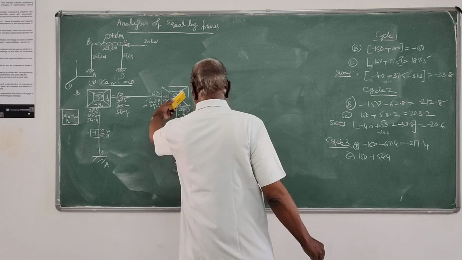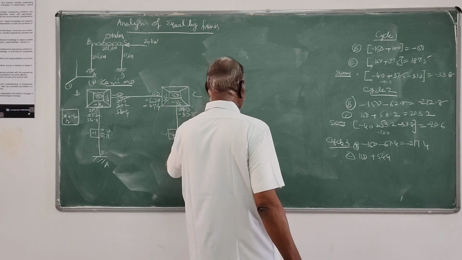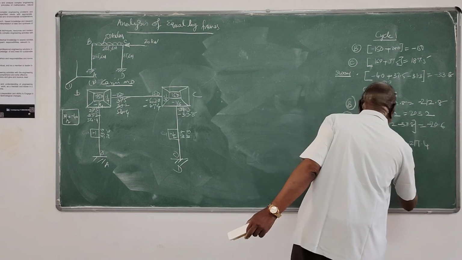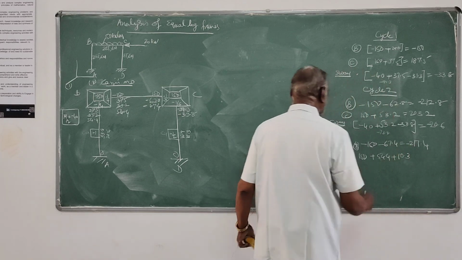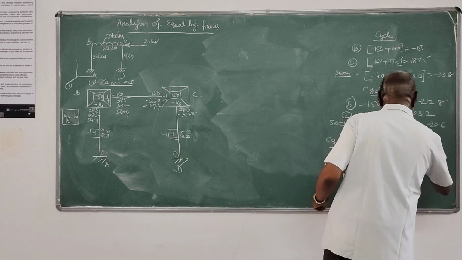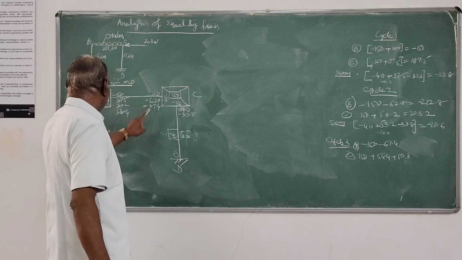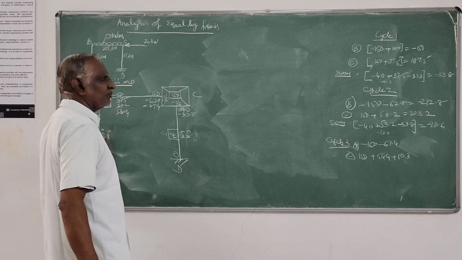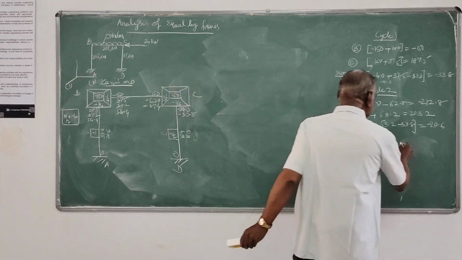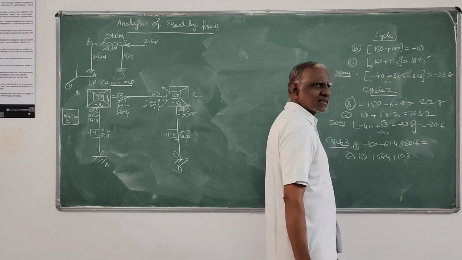Here the rotation contribution is 0. Then the sway contribution, 10.3. That sway contribution at B I did take. So here minus 150 minus 67.4, sway contribution of 20.6, I should have taken.